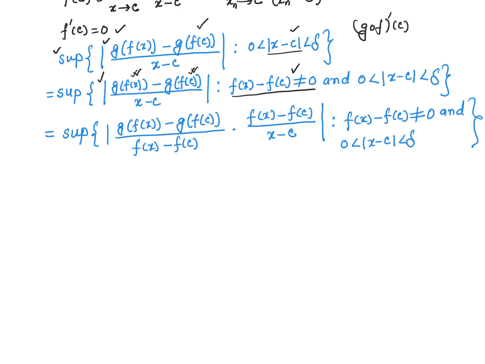Now what I'm going to do is take this expression and do exactly what I did the last time. I'm going to divide and multiply by f of x minus f of c. Now, the supremum of these two products, these conditions do not change.